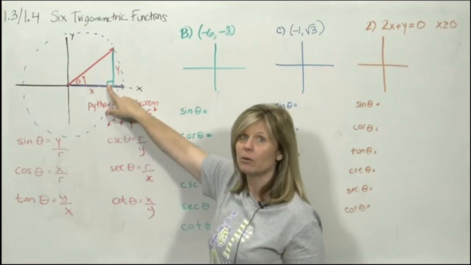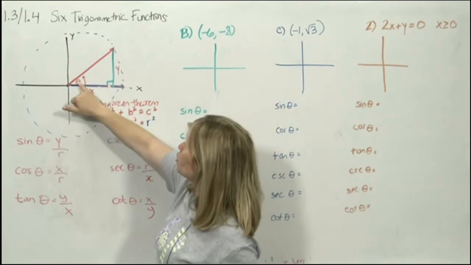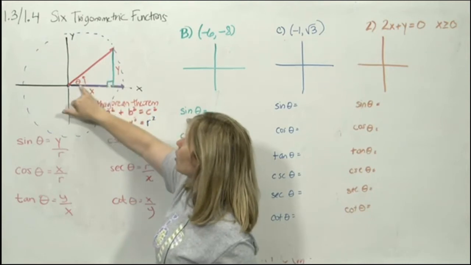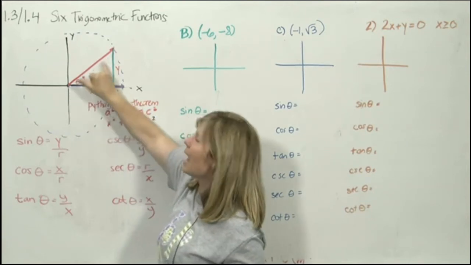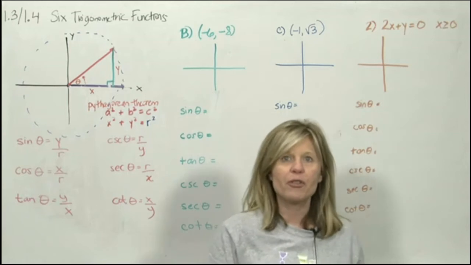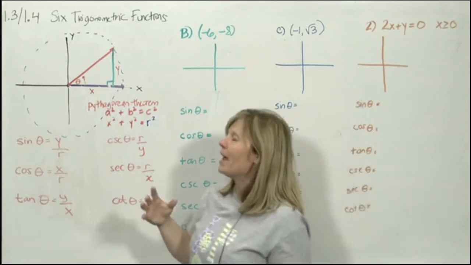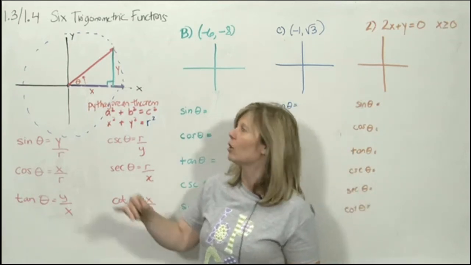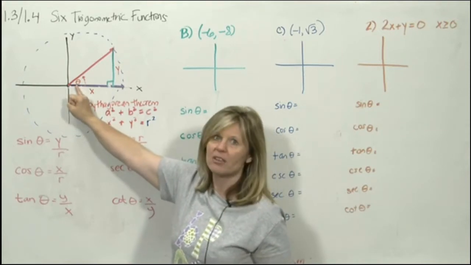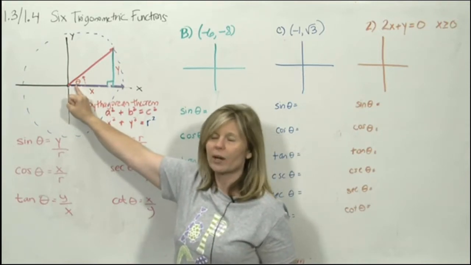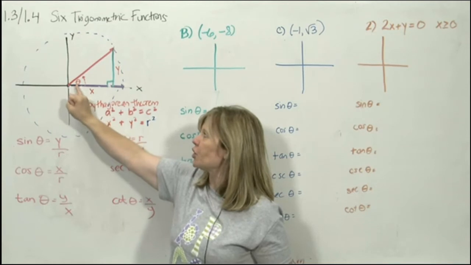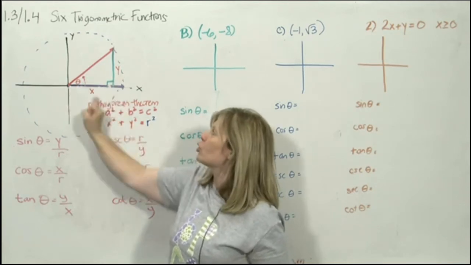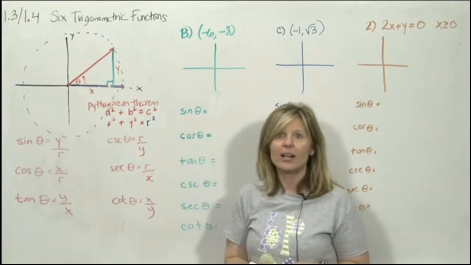Is that acute? No, it's not. Both of these angles are complementary. They would add to 90 degrees, so both of them are acute. When they talk about the relationship of the acute angle, they're talking about the angle here by the vertex. So trigonometry is the study of this acute angle with two of these sides of the right triangle.